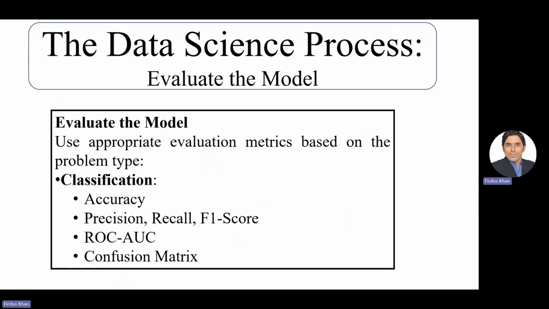Evaluate the model. Use the appropriate evaluation metric based on the problem type, because that's very important. Maybe your problem is classification, maybe regression, or maybe it is about regionalization or zoning, cluster analysis. So you need to choose the appropriate evaluation metric.